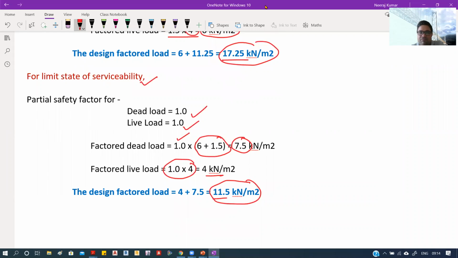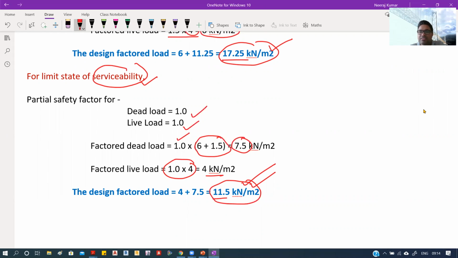If we take this load only, the design will satisfy only the serviceability criteria. But if we take the larger load in our design, it will consider the serviceability criteria as well as the strength criteria, because this load is higher than that load. So that is the difference.